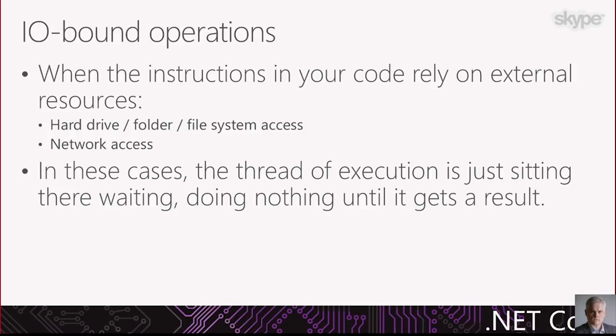So if you're attempting to read the contents of a file, the .NET Framework will work with your operating system's low-level APIs to interact with the data on the hard drive and load it into memory. And then once that stream starts flowing with data from the external operation, then the CPU can begin processing that data in that stream and continue on with the instructions of your application. But while it's waiting for that file to be loaded, it's sitting there blocking, doing absolutely nothing.